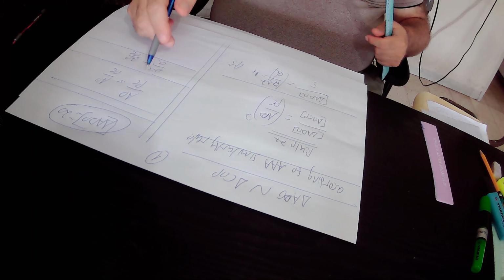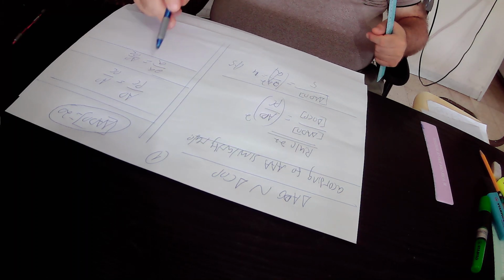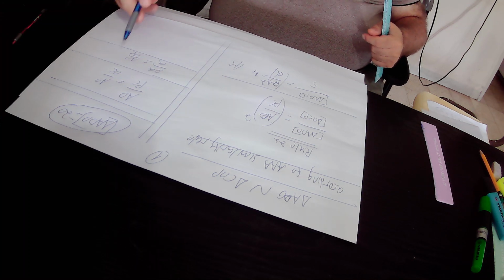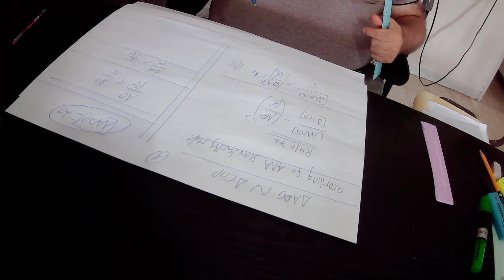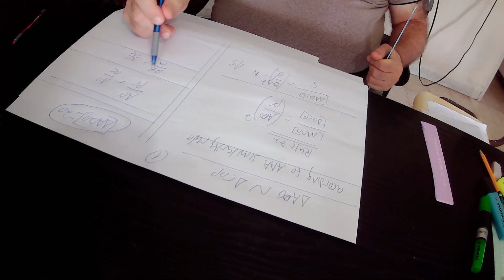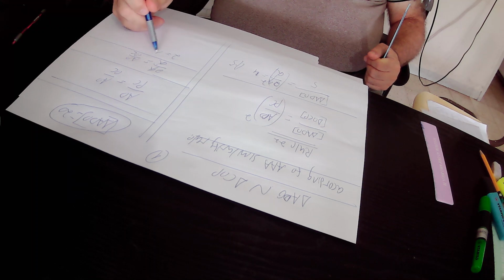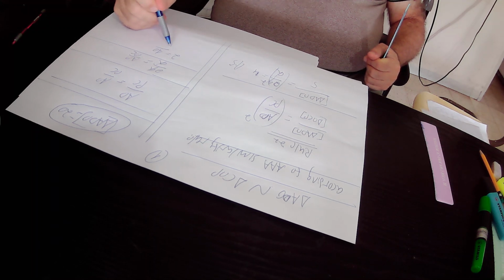AD is 2A, PC is A. AO is unknown and OC is unknown. We have A in the numerator and A in the denominator, so A will get cancelled and we are left only with 2. So we found out that 2 equals AO over OC.